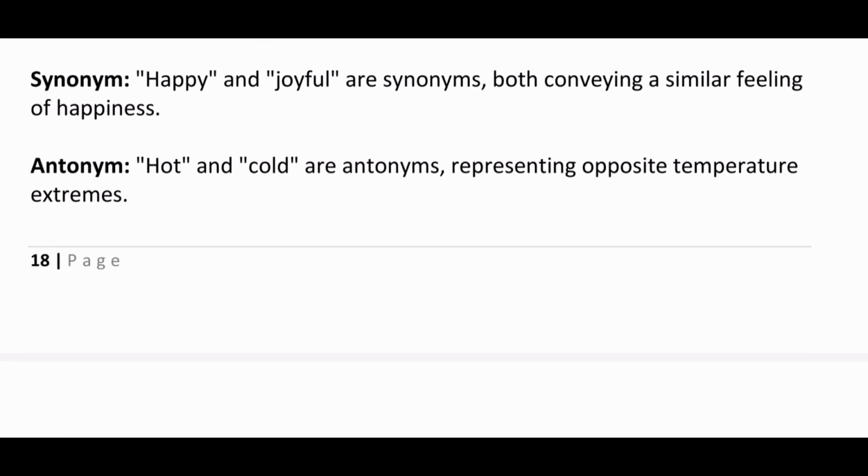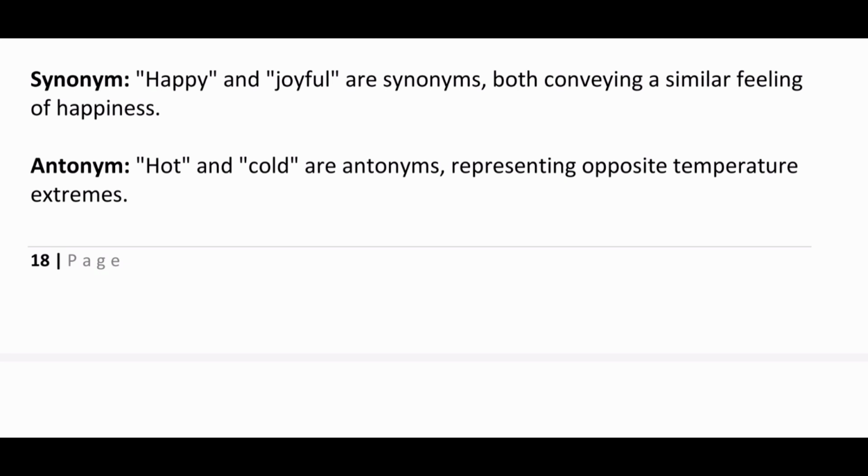Synonym. Now synonym, antonym, you know, right? Synonym means different words, same meaning. Antonym means different or opposite. Suppose I give you the example of synonym: happy, I can say happy, or I can say joyful.